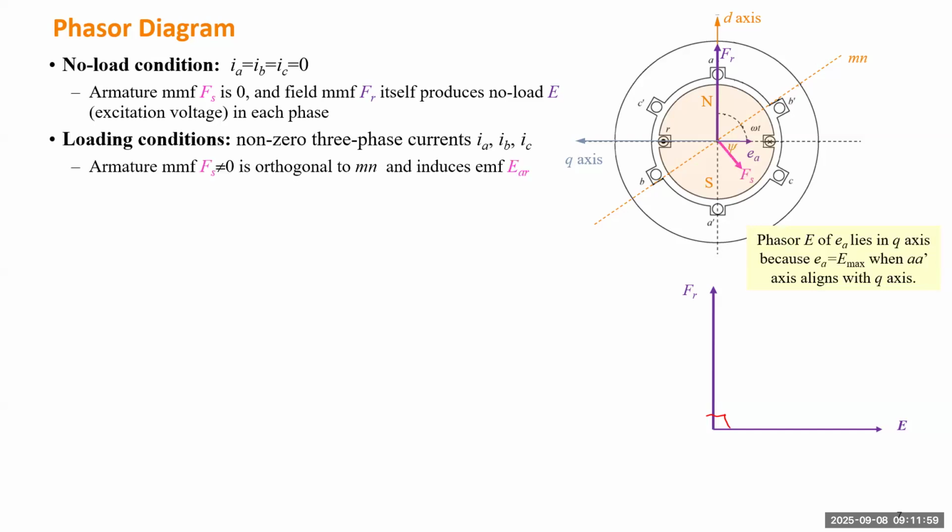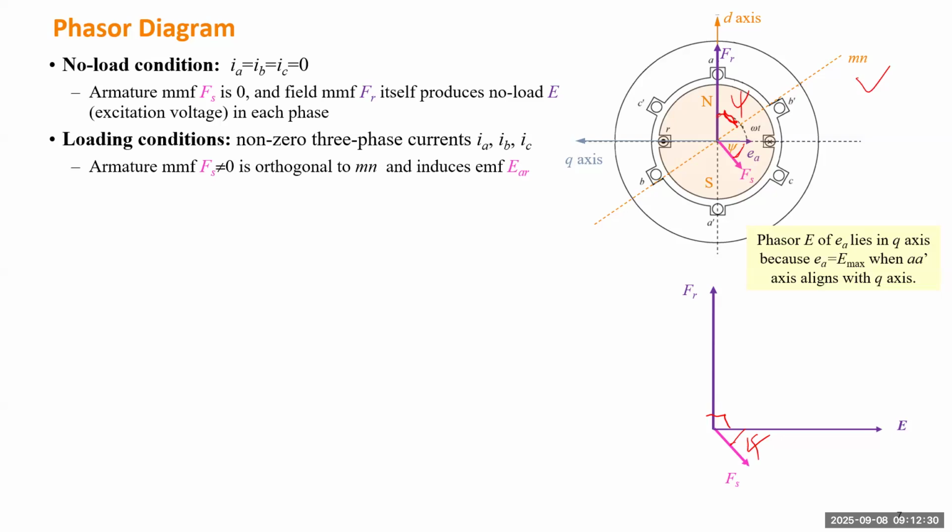Okay, and from the previous slides, we proved that if there's a power factor of the generator, there will be a lagging angle psi, which means the Fs will be lagging this E by angle psi. So this angle is actually the power factor angle psi.